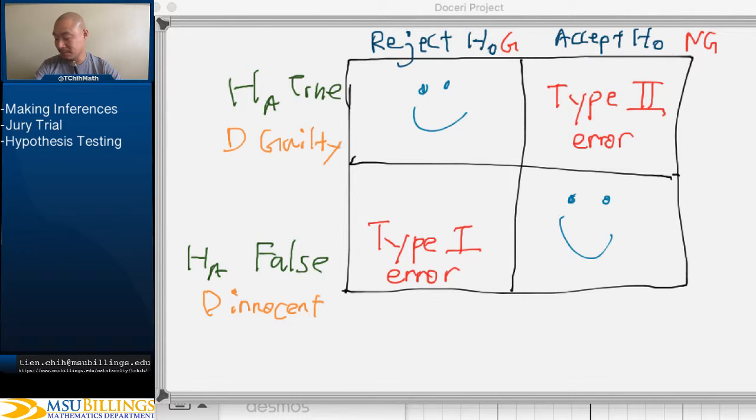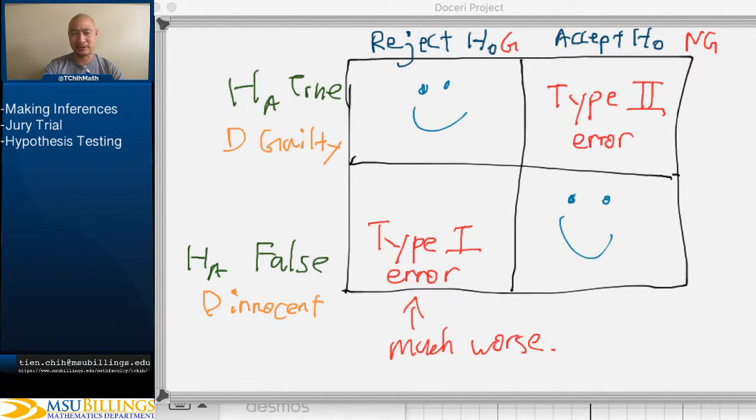And just like in a criminal trial, this one is much worse. All right, and let's think about why that is.